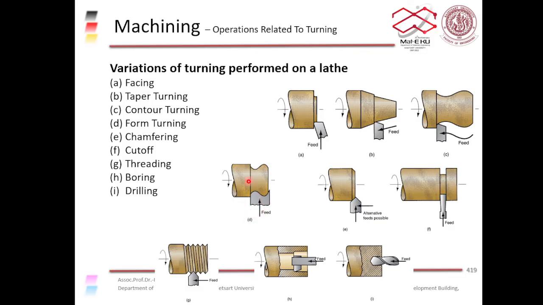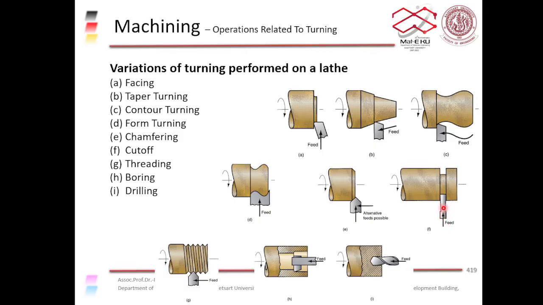So you need a tool to form the surface. Chamfering: for example, if you're cutting a piece and the edge is really sharp, you use chamfering to remove the sharp edge of the workpiece.